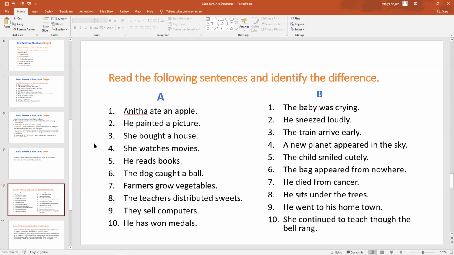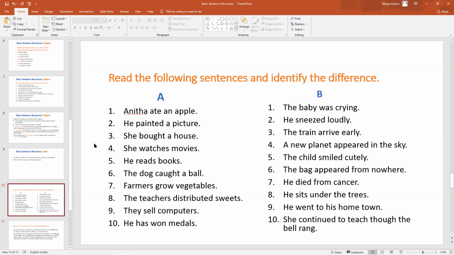So if it begins with that, you call it a prepositional phrase. Then the next one, he died from cancer. The subject is he and your verb is died. Again, that is a prepositional phrase. It begins with from. So from cancer, prepositional phrase, is not an object, there is no noun there.